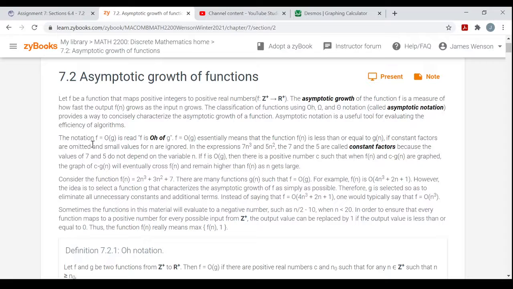The notation f equals O of g is read, f is O of g. When you say f equals O of g, that essentially means that function f is less than or equal to g if constant factors are omitted and small values for n are ignored.